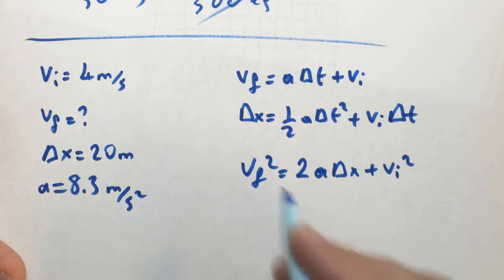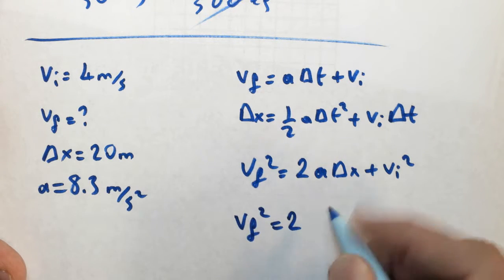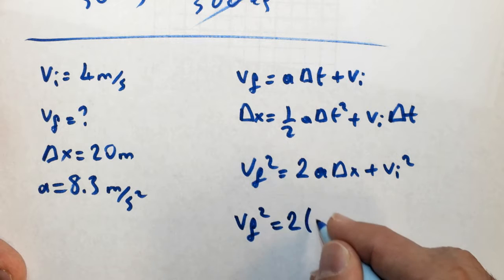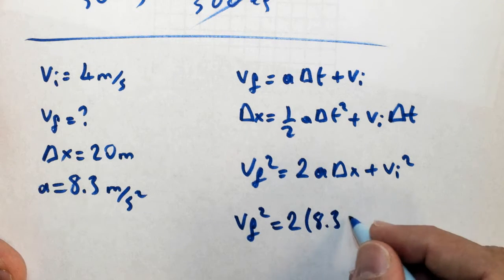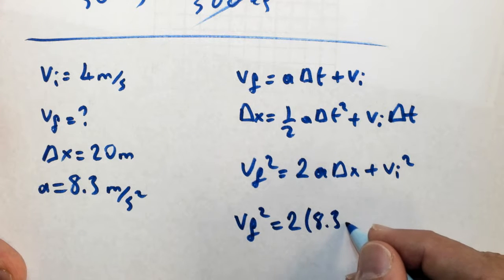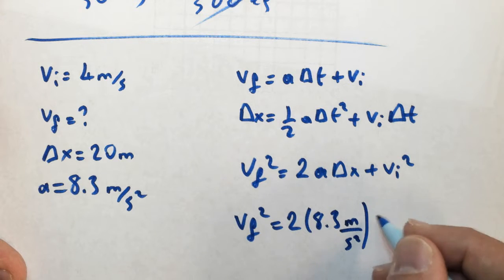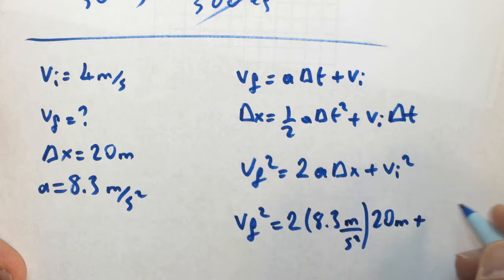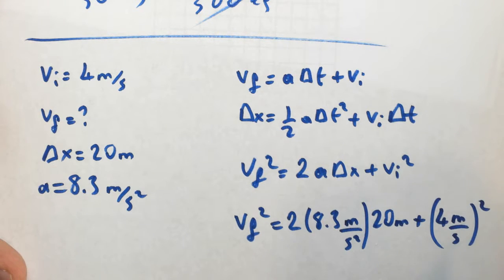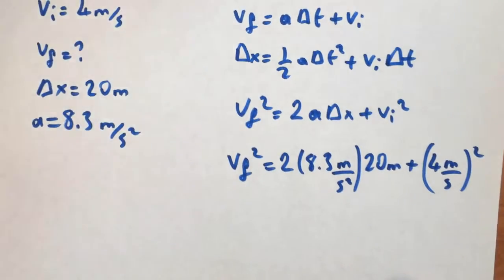So let's plug in here. V final squared equals 2 times 8.3 meters per second squared times delta x, which is 20 meters, plus v initial, which is 4 meters per second, squared. Now the rest is just math we need to solve.